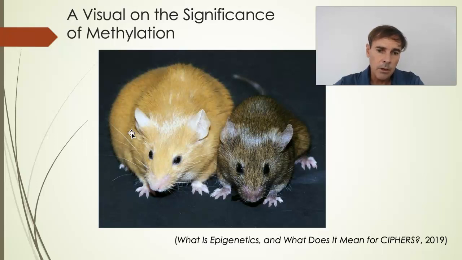They took the moms and fed them a diet. One group received the regular rat chow, and the other group was supplemented with the nutrients I just mentioned in the methylation cycle, so choline and B12 and folate and so on. They put a lot of that in their rat chow, and then the mice gave birth.